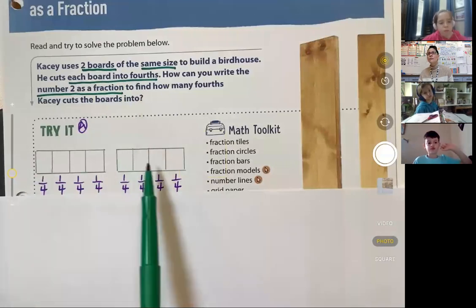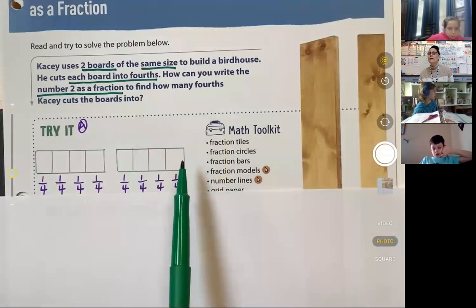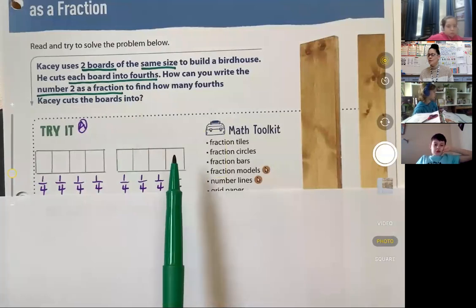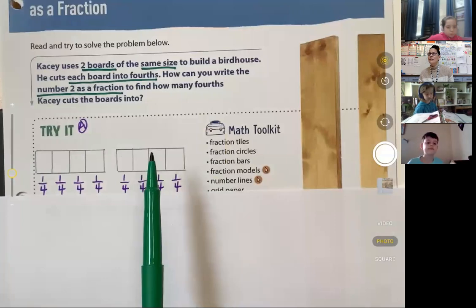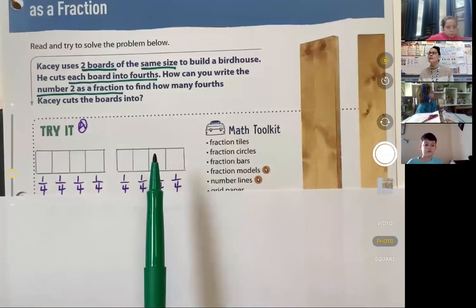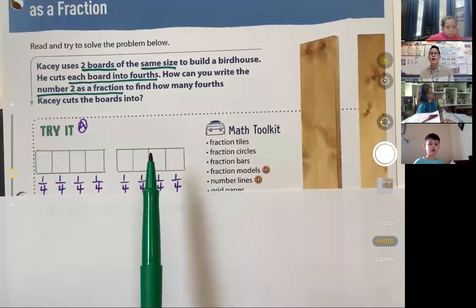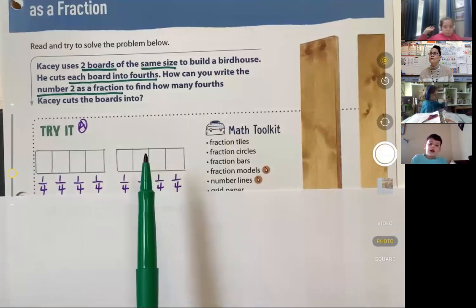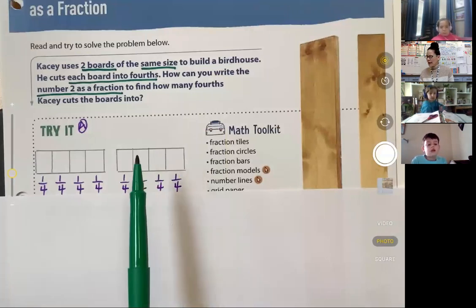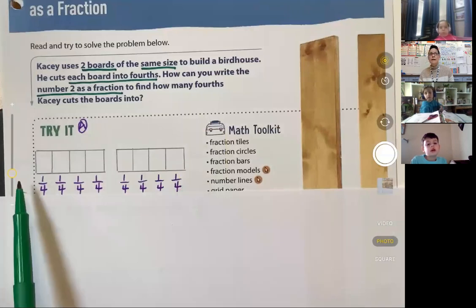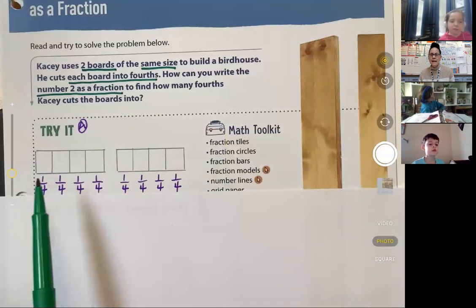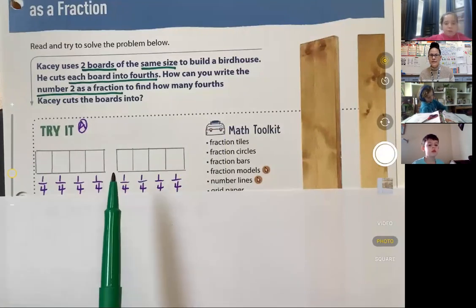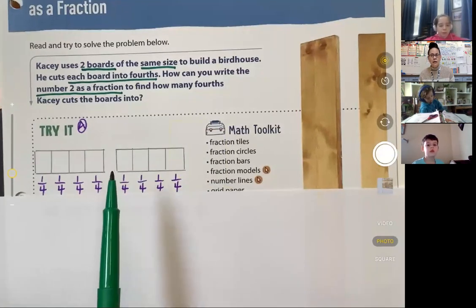Whole number 2, there we go. Now we need to write this number 2 as a fraction, and there is a way to do it. What we need to do is add up the number of parts that make up these two wholes.